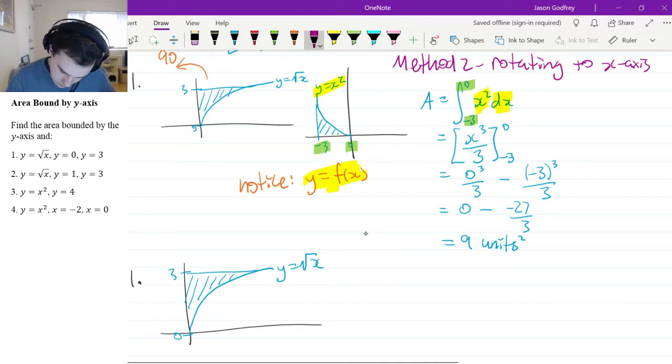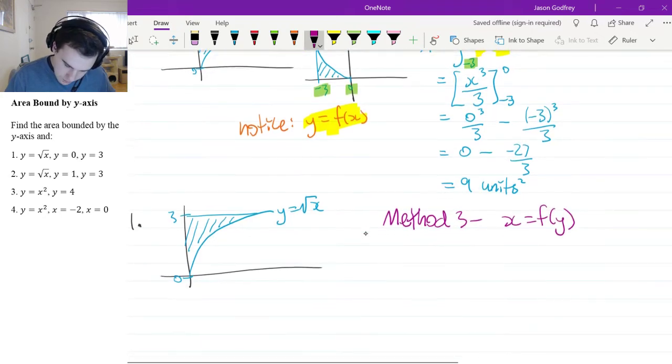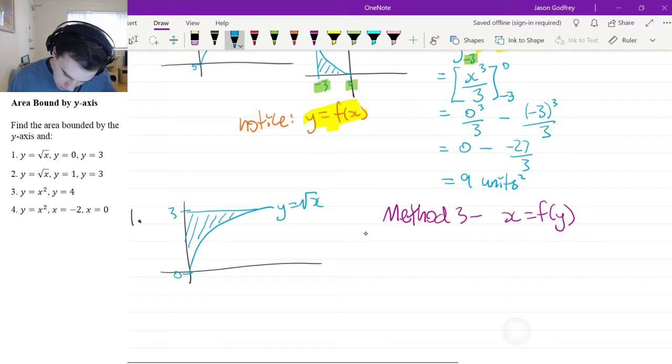Let's call this method 3, x as a function of y. So if y equals root x, we can get x as the subject.